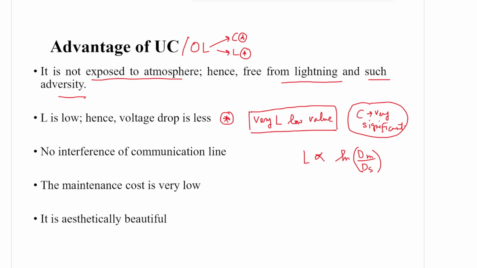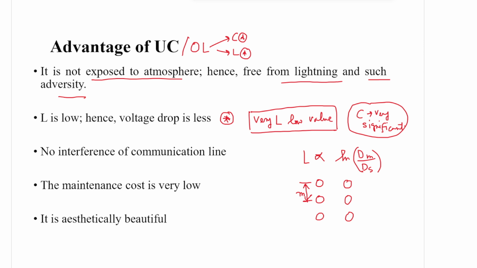Now, if you contrast the two systems and compare the distance between any two conductors, in an overhead line it is probably in meters. In all probability, the distance between any two conductors is in the range of meters.